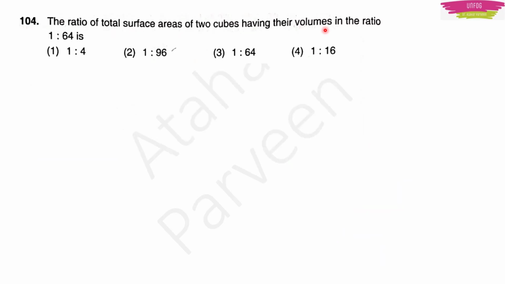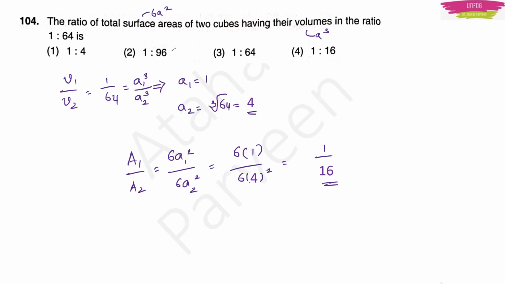Next question. The ratio of total surface areas of two cubes having their volumes in the ratio 1:64 is. They have given you the ratio of volumes and are asking you to find the ratio of total surface area. Using the volumes, you can find the side lengths, right? So you can find A1, you can find A2, because in a cube all three sides will be the same.